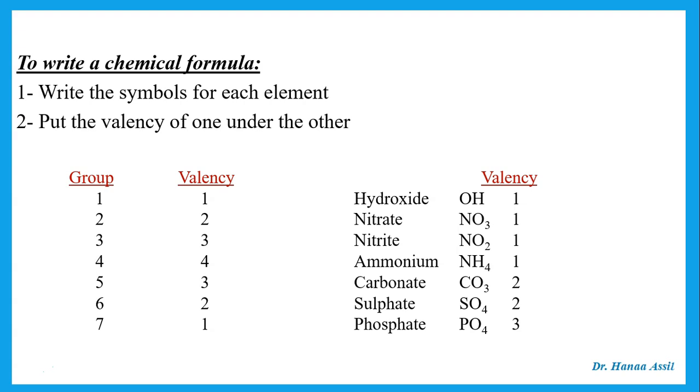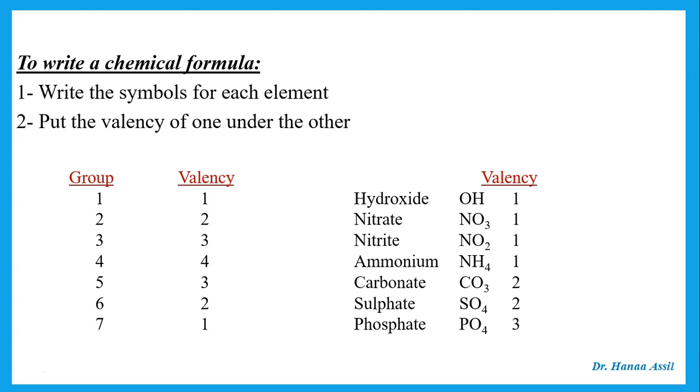Ammonium is NH4. If it's standing alone, it's NH4 plus. But with a compound, we just write NH4 and its valency is 1. Carbonate, CO3, valency 2. Sulfate, SO4, valency 2.